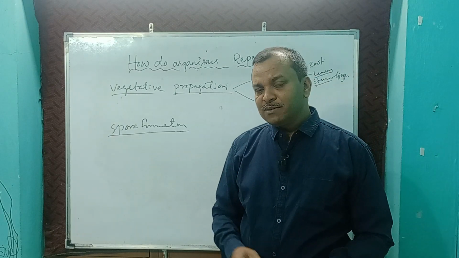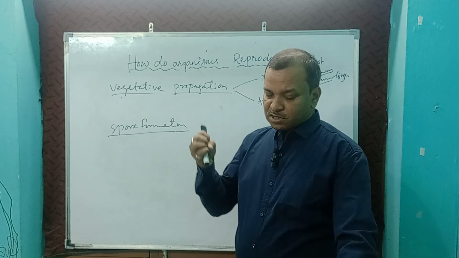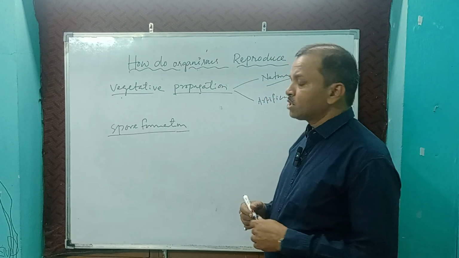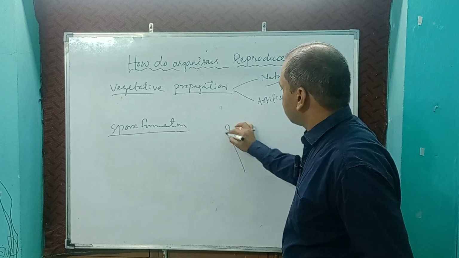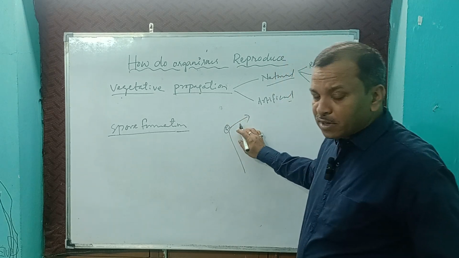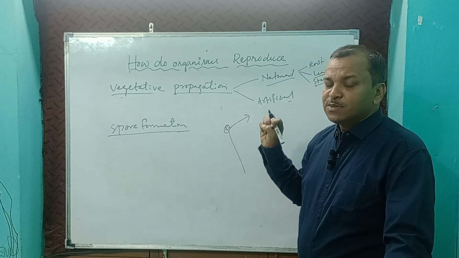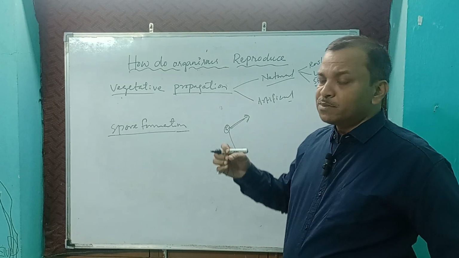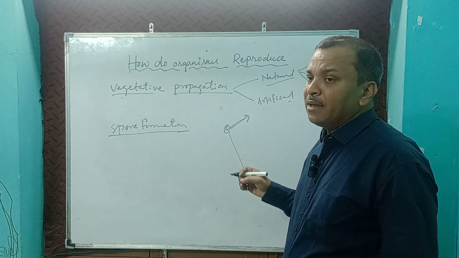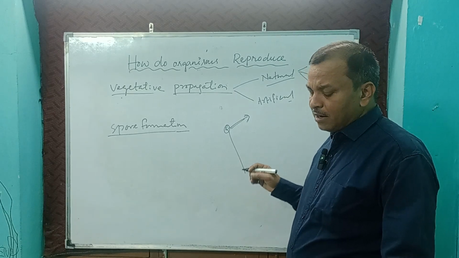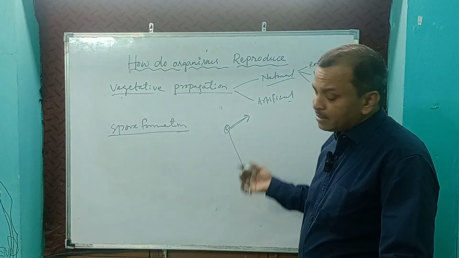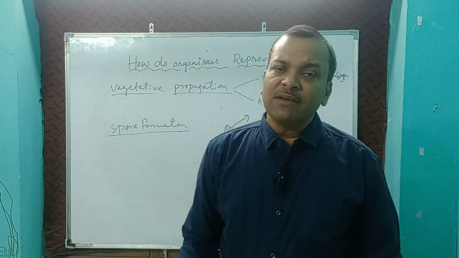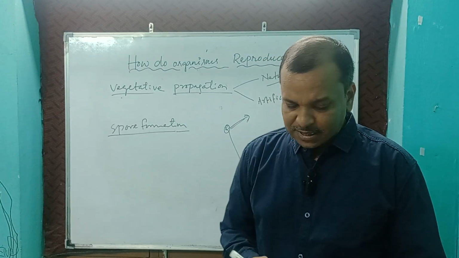The spores are stored in sporangia. The sporangia will store many spores, and that sporangia will burst, and the spores will spread here and there. Then those spores will develop into new plants. Rhizopus is an example you can give.